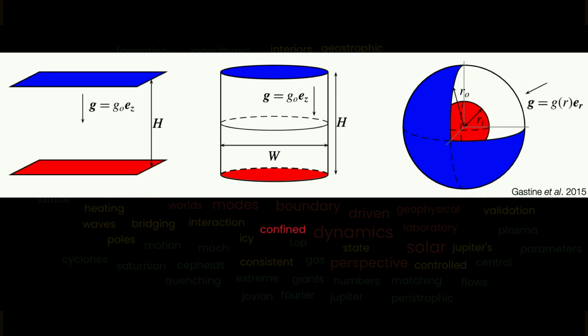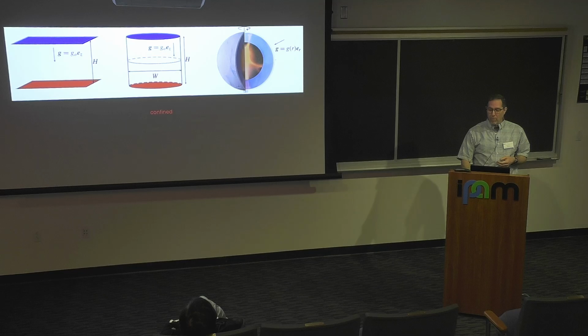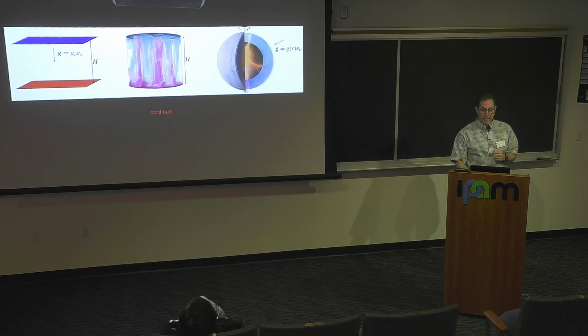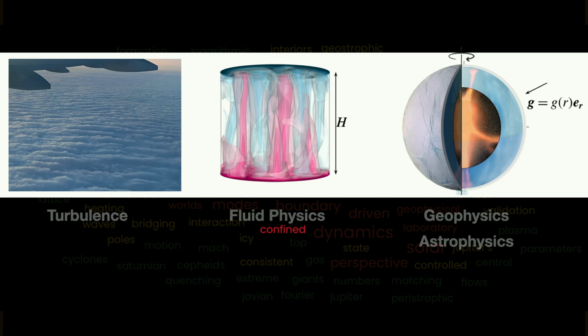And then in addition, we'll hear theoretical work where the fluid is not confined at all. So very different geometries. One is maybe more planet-like. One is more relevant to what we can study most easily in a laboratory setting. And one is a lot like what you see out your window in almost any cloud deck, kind of an infinite plane. So this ties together.